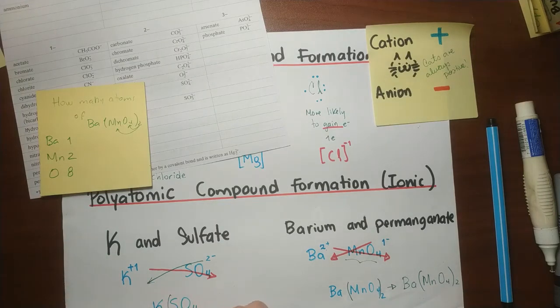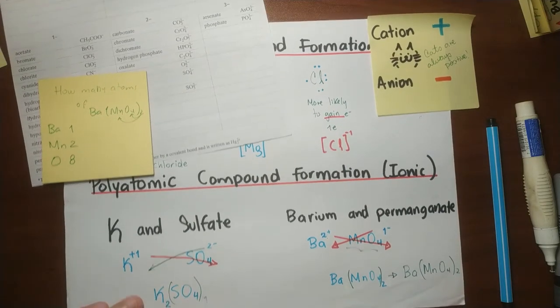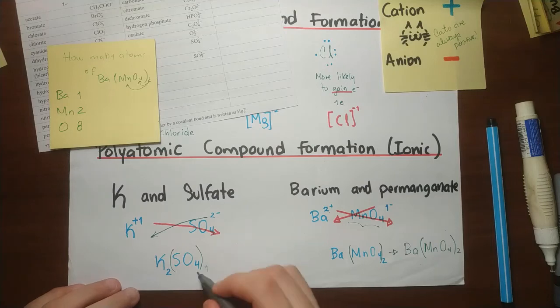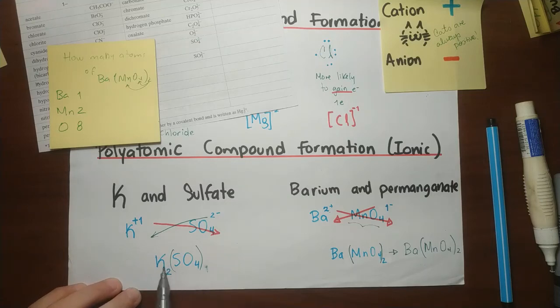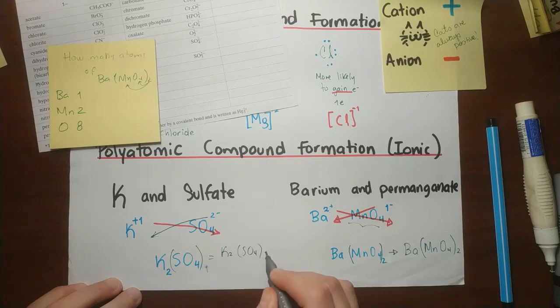Why? Because if I add parentheses here, and this 1 that is coming from potassium, I place it here. So what's going to happen is that you will have K2 SO4 1.